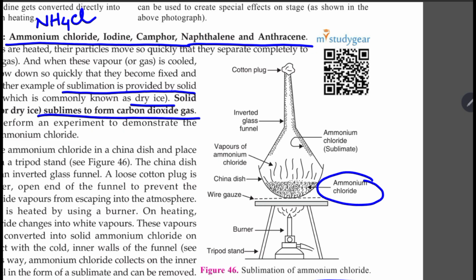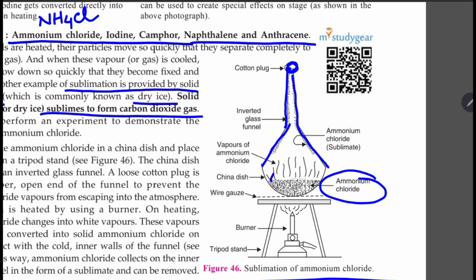This is the ammonium chloride which is crushed and kept in a china dish. This is the funnel which is kept inverted, and a cotton plug over here such that the vapors don't escape. The process of vaporization we can see over here by slight heating, and when the vapors move up, they gradually cool down, and what happens is that they form this sublimate on the walls of the funnel.